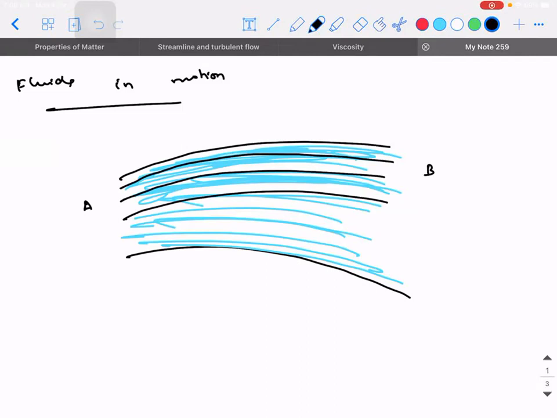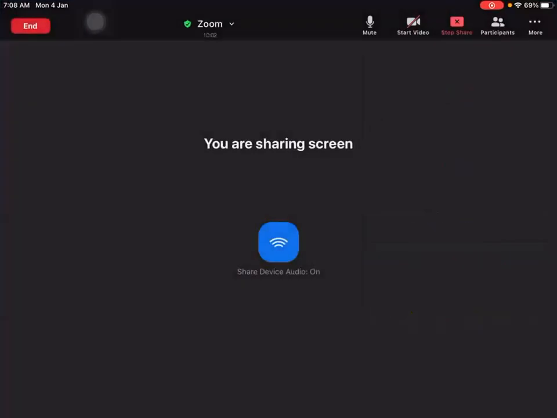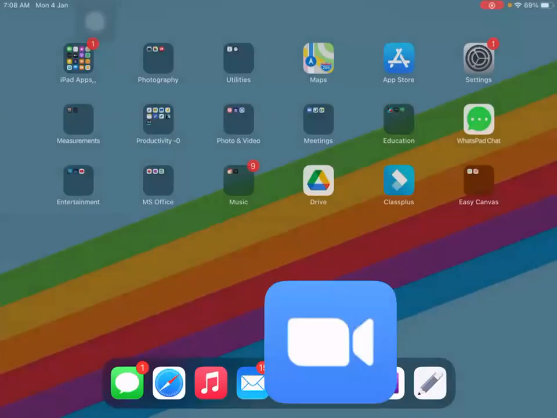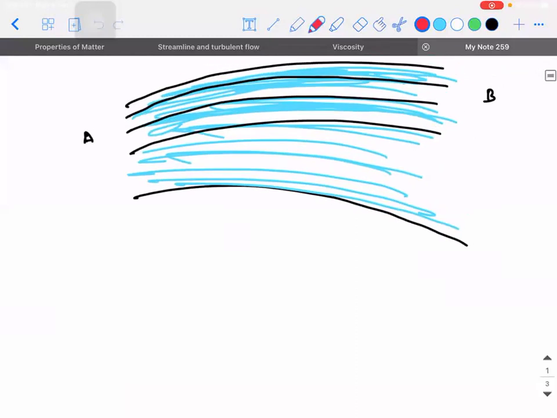Then what exactly should happen to the velocity of each particle at a particular point for it to be called a streamline flow? Can someone tell me the meaning of it? When can I call this flow a streamline flow?